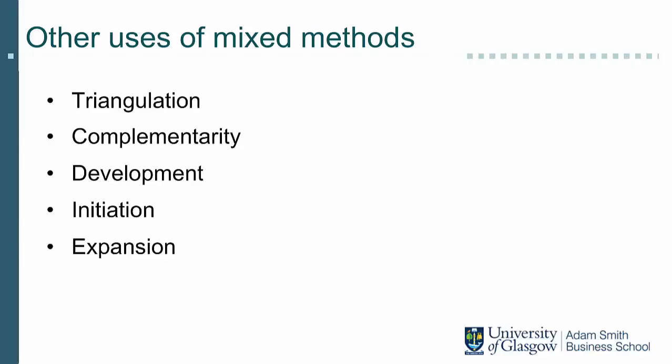This approach contrasts with triangulation, which is using different methods to assess the same conceptual phenomenon. Development occurs when results of one method are used to inform the development of the second. For instance, a quantitative survey could be used to identify groups of respondents with contrasting profiles, whereas triangulation seeks to combine methods to achieve convergence.